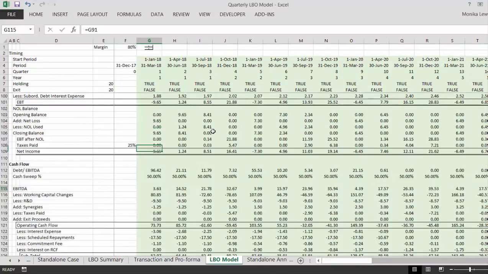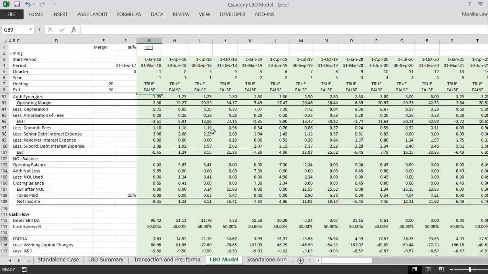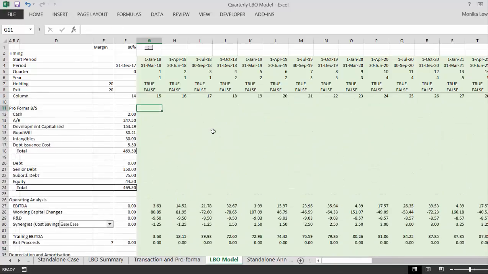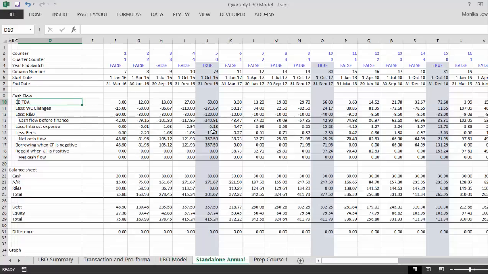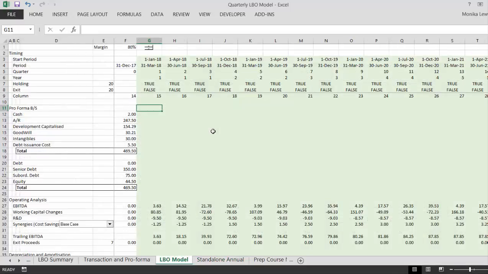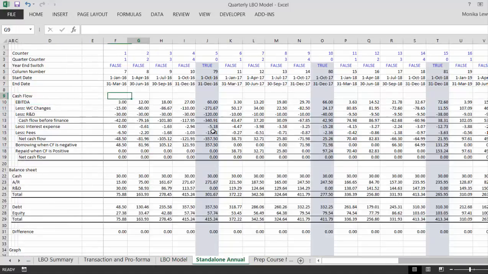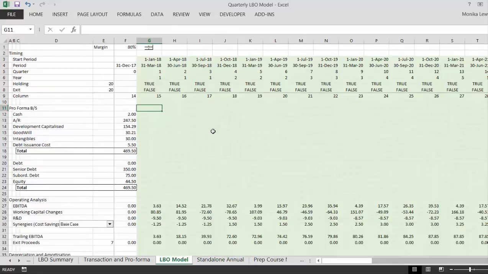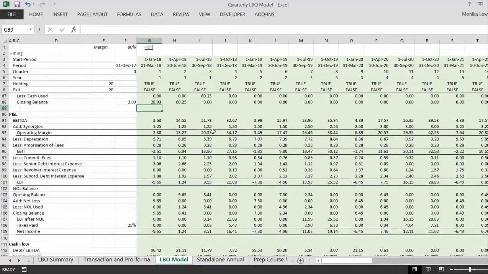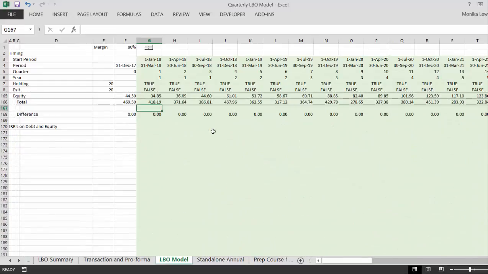Okay, I think this is enough. I just fixed the conditional formatting, and I just saved it, and it didn't crash Excel. I'm happy about that. And so the next step is I'm going to make, instead of a standalone annual where we do this kind of business of putting a quarter, an annual, a quarter, an annual, and we do this all with the match and index and all that stuff, we're going to make an LBO model that takes all of this, does a quarterly and annual.